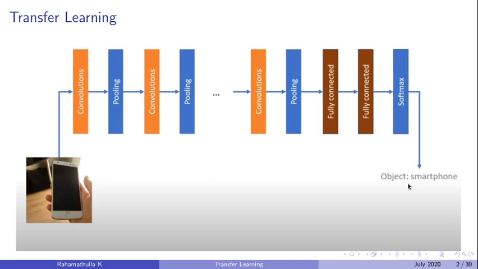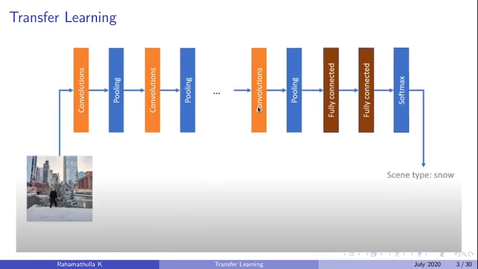Then it is detecting the object as smartphone. Then the same learned model can be used for detecting something like scenes. This scene is snow, something like that. So that sort of method is known as transfer learning.